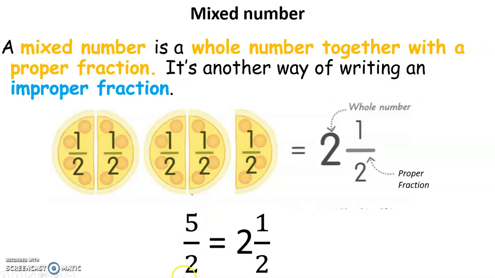It still is 5/2, so I've still got 5 halves, 1, 2, 3, 4, 5. But I can actually represent this as a mixed number and say 2 wholes. So I've got 2 whole pizzas and a half. Okay? So this is how we would convert 5/2 to 2 and a half pizzas. Okay? If they're all half pizzas each.